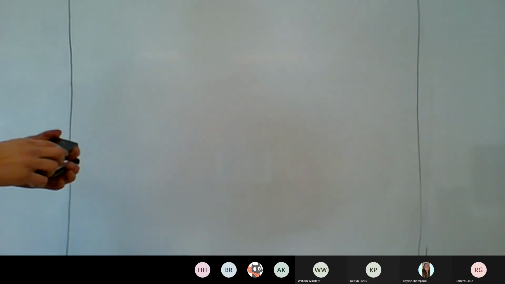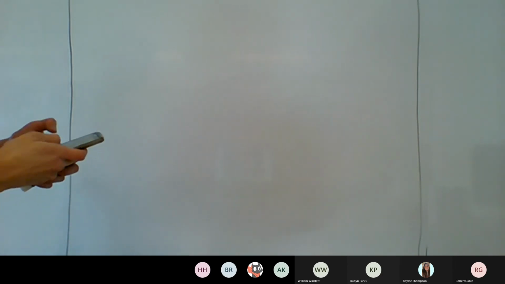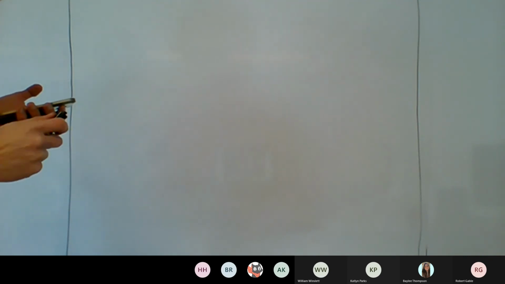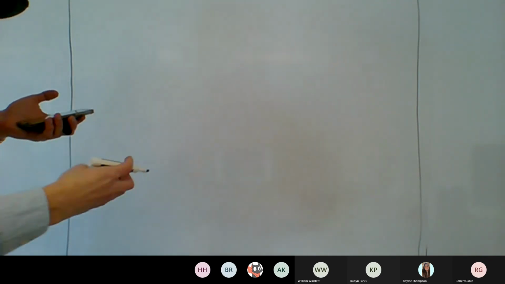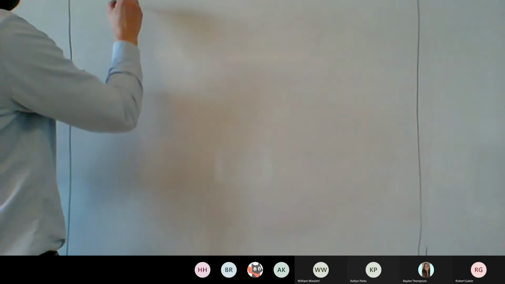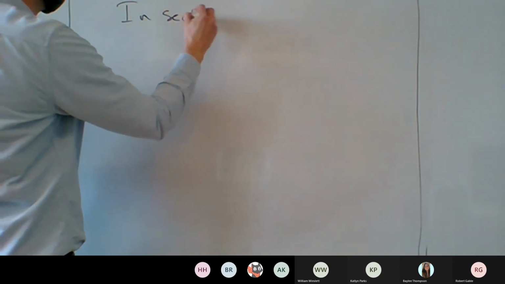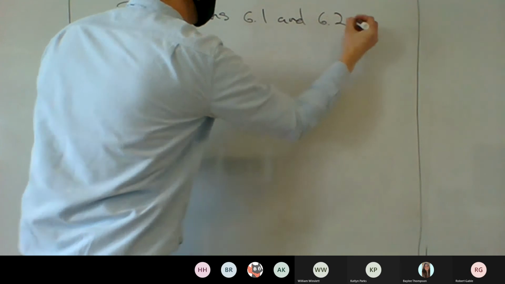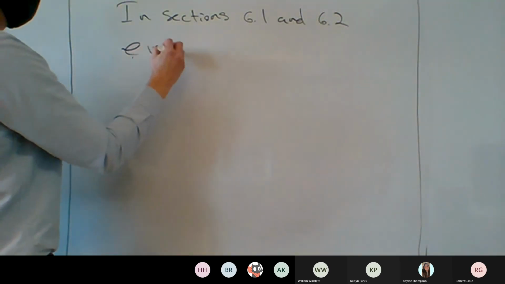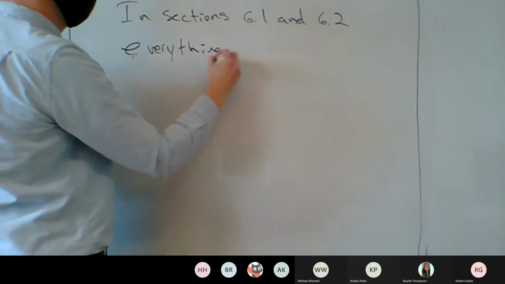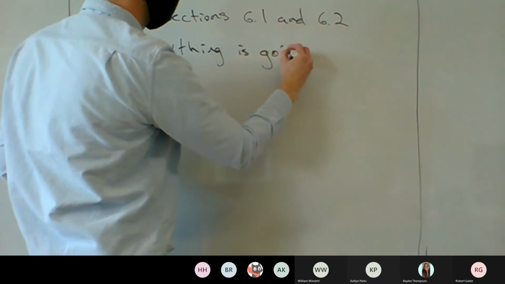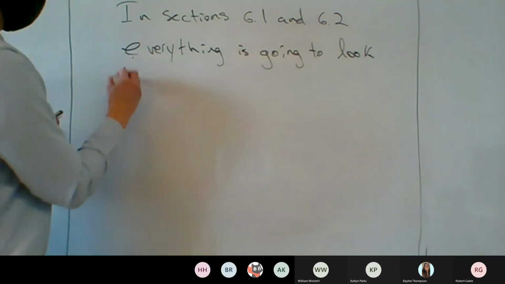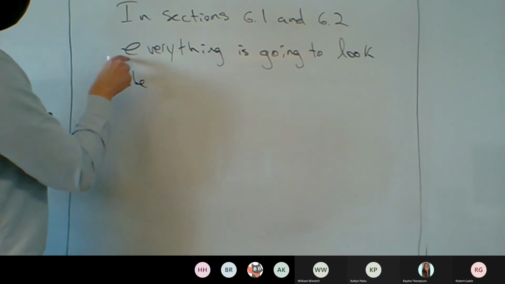Okay. Now, I said the mechanics are going to be the same. Let me say a little bit about that. In sections 6.1 and 6.2, everything is pretty much going to look the same. So we're going to be setting the stage in these two sections.